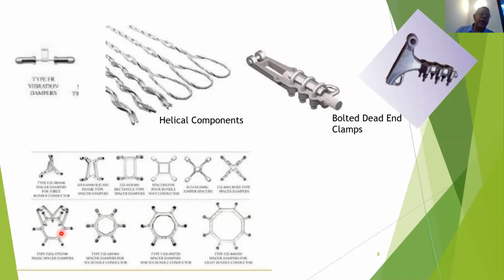And in other conductor, there are many hardware components for transmission lines, but I have taken a few of those. Now these are spacers when you have a lot of conductors. Okay, 4 conductors and 6 conductors.